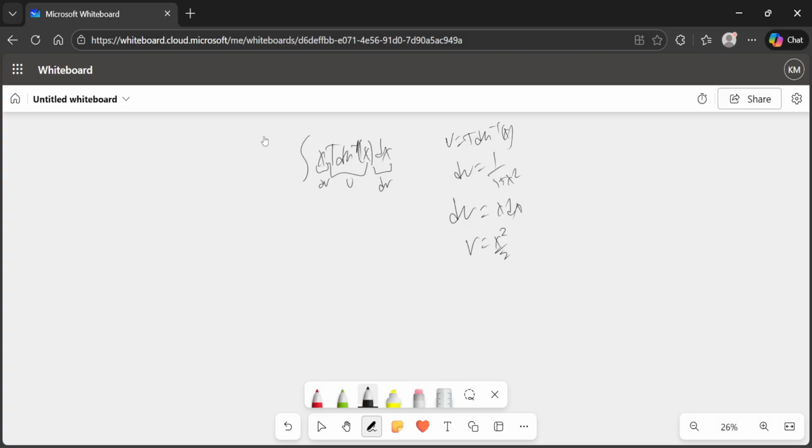Anyways, uv, so this whole thing is equal to x squared over 2 tangent inverse x, uv minus v du, which is 1/2, and then x squared over 1 plus x squared dx.